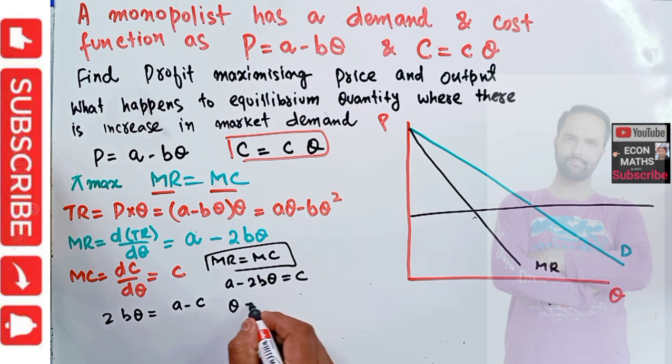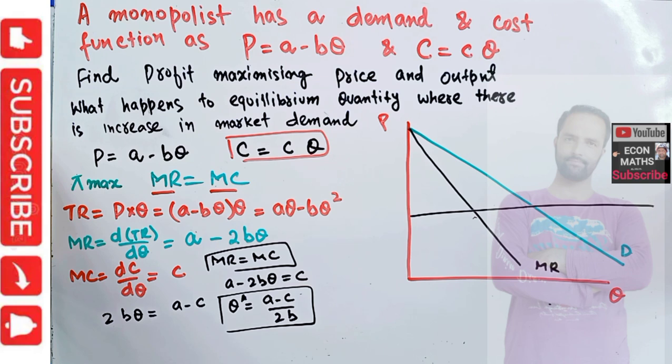That means Q will be equal to A minus C divided by twice B. This is our profit maximizing output.